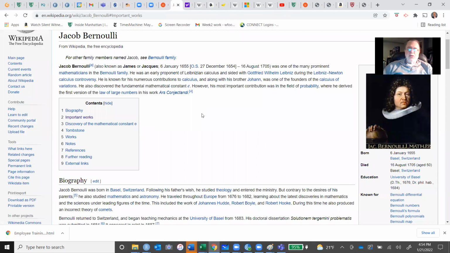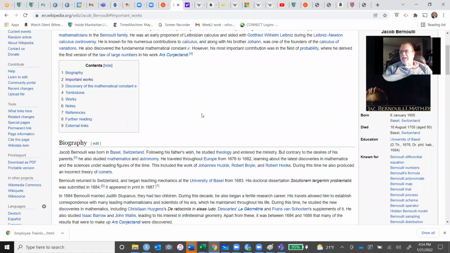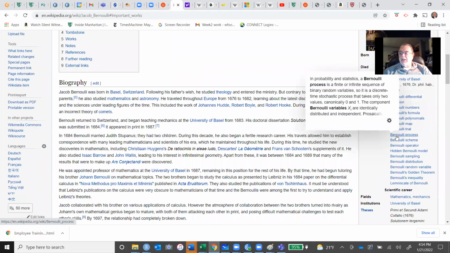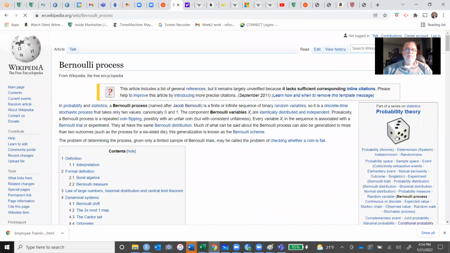It's got most of his major discoveries and works. It's got his picture over there. He's known for any number of things, but probably the most important thing for us is this thing called a Bernoulli process.